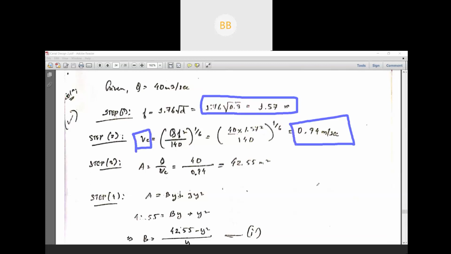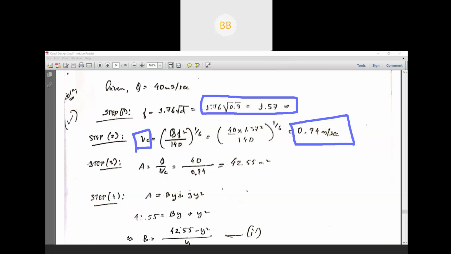In the same equation, Q multiplied by silt factor square divided by 140, to the power 1 by 6. 0.94 meter per second. Yes, correct. 0.94 meter per second.